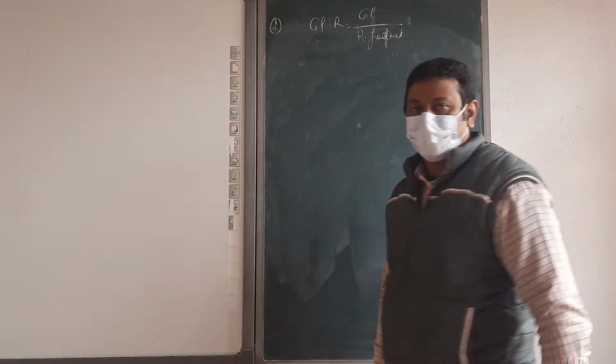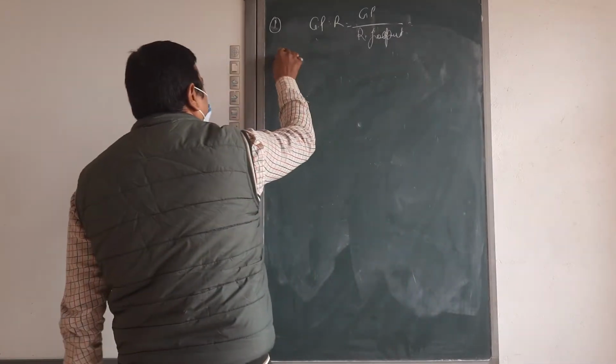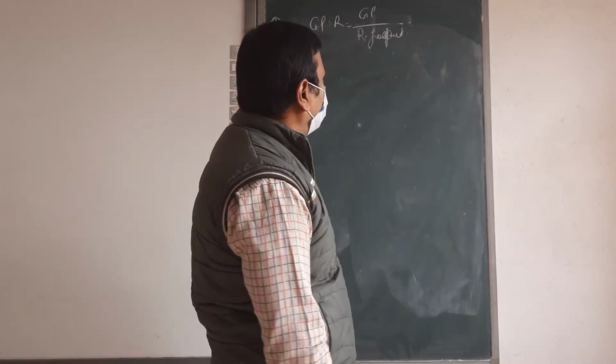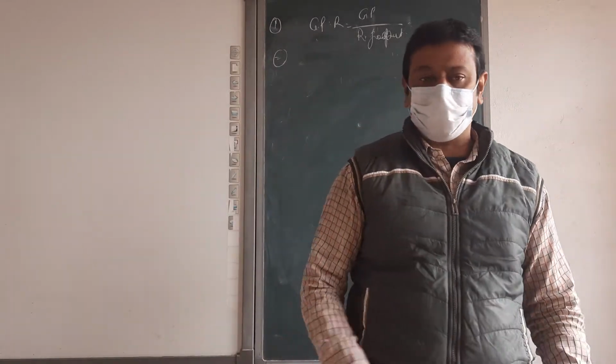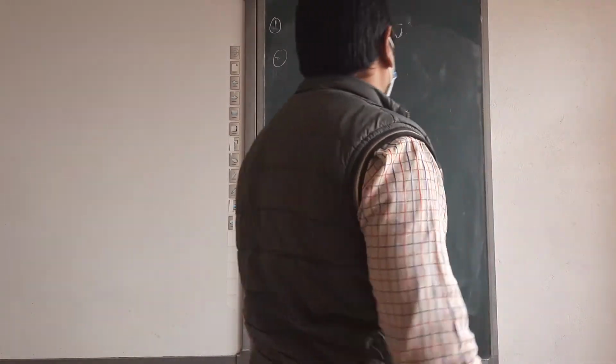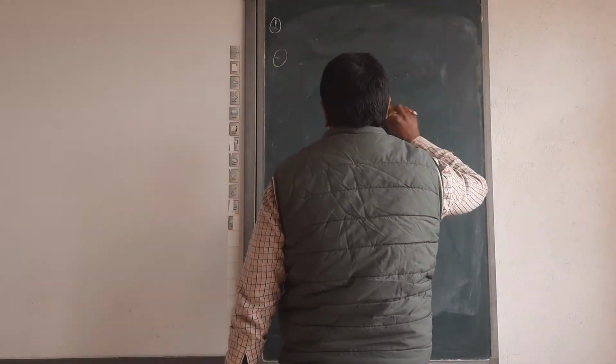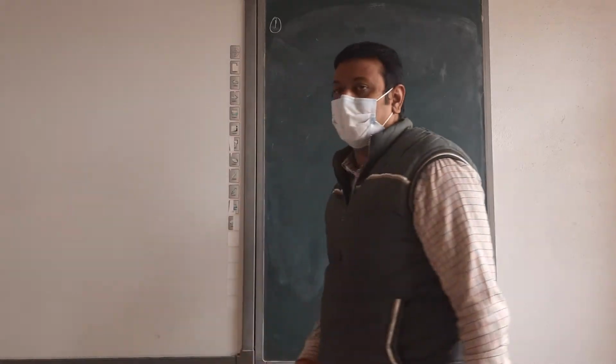It's very easy, don't worry. Write down, everyone write down: GP ratio is equal to gross profit upon revenue from operation.